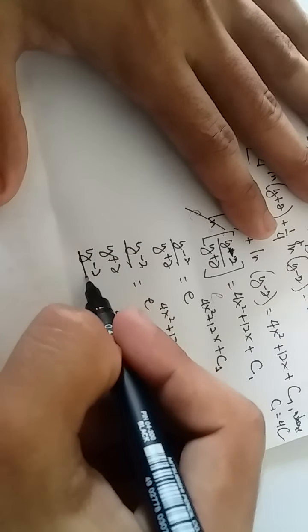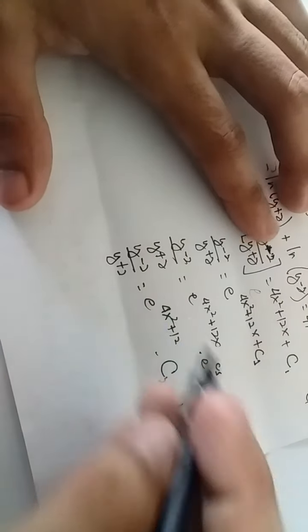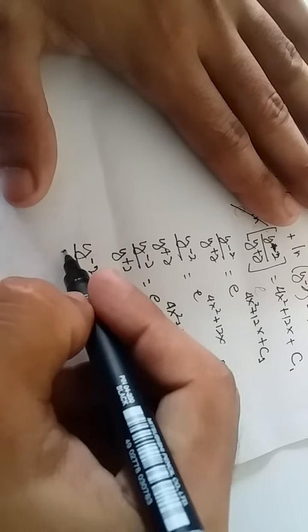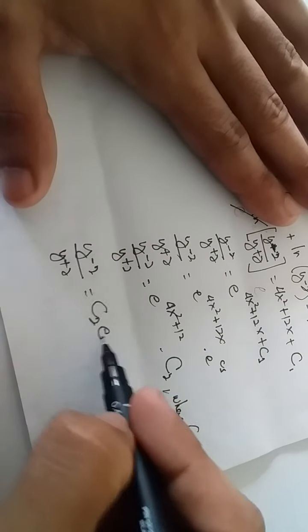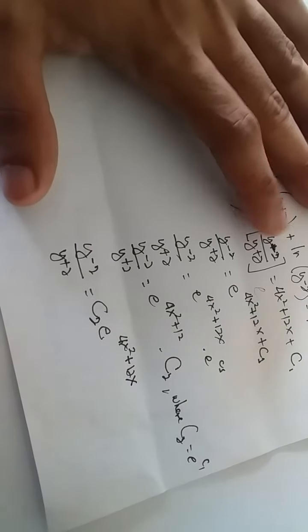So now it will become y minus 2 over y plus 2 is equal to c sub 2 e to the power of 4x squared plus 12x.